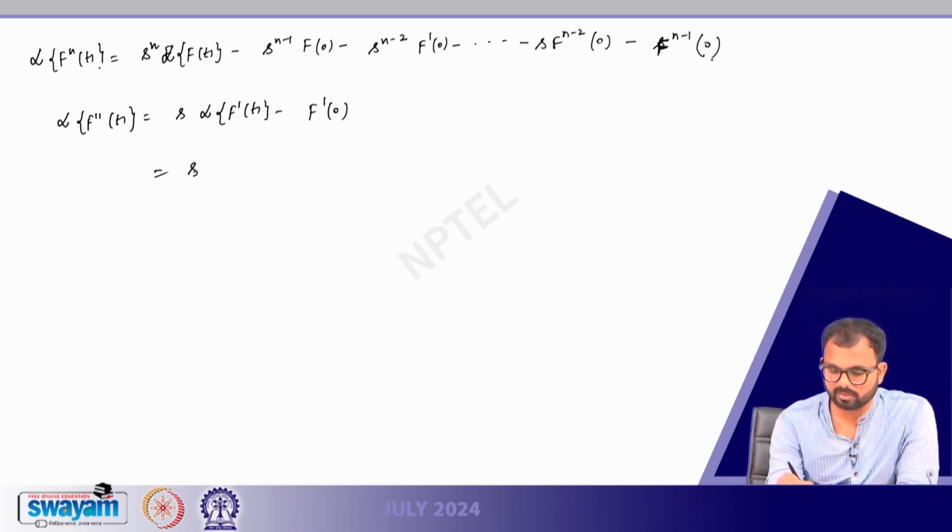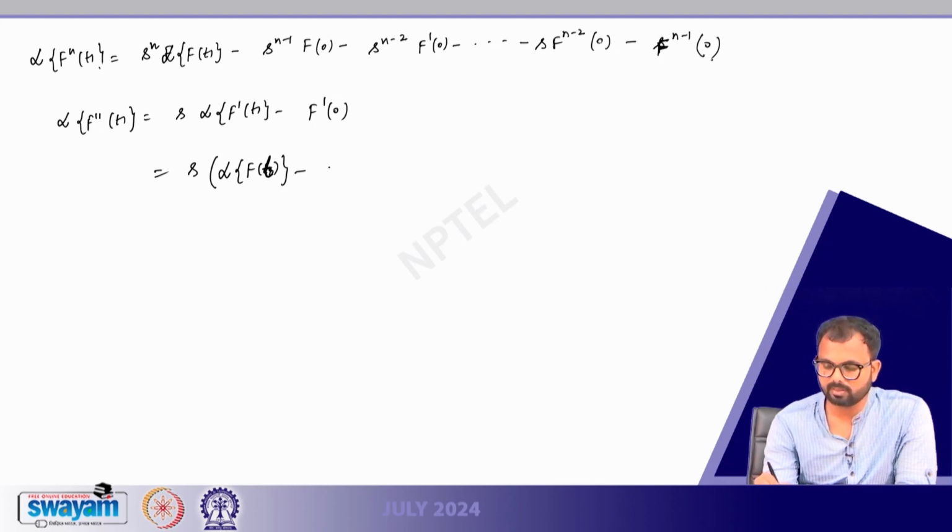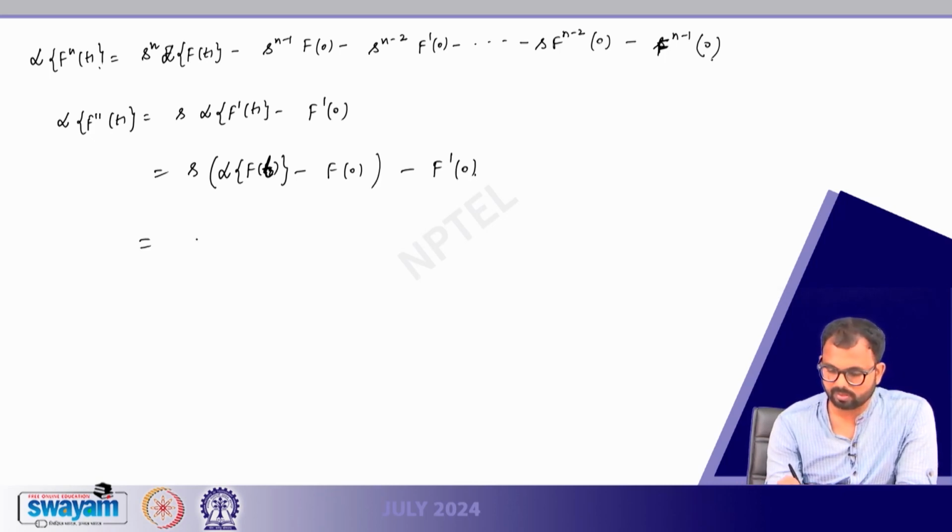Now this one is s times the Laplace transform of f(t) minus f(0), in brackets, minus f'(0).